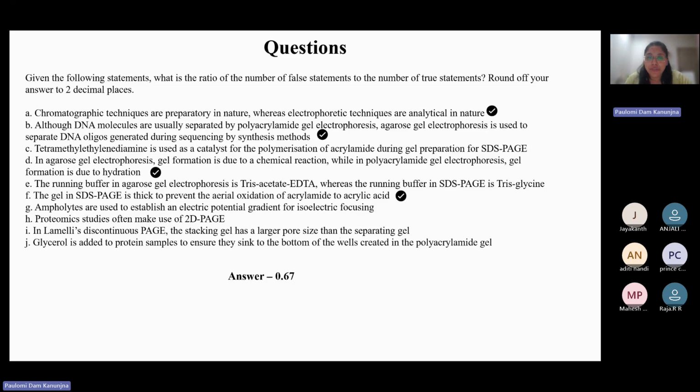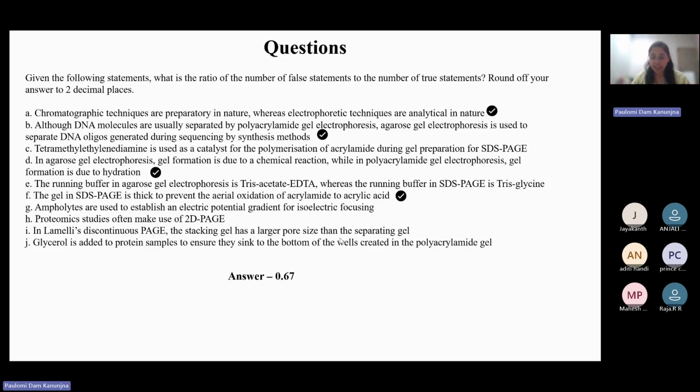Next is, in agarose gel electrophoresis, gel formation is due to a chemical reaction, while in PAGE it is due to hydration. Now let me explain the way these two gels are made. So in agarose gel, we take a certain amount of buffer and a certain amount of agarose. Say if we are trying to make a 1% agarose gel for our experiment, we'll weigh 1 gram of agarose powder and dissolve it in 100 ml of buffer.